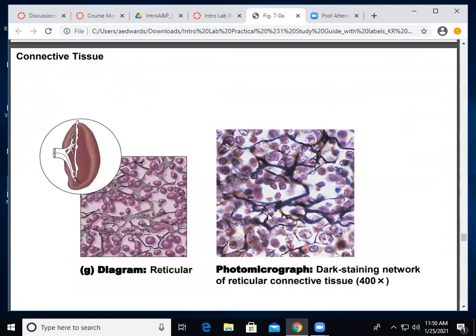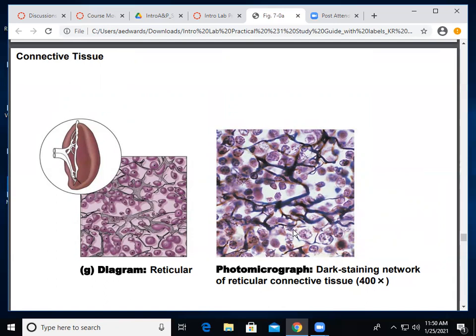All right. This one's reticular connective tissue. Okay. So you might see this in the liver. Now, characteristic, you're looking at reticular connective tissue. These black lines. If you see the black lines, it's typically going to be reticular connective tissue.